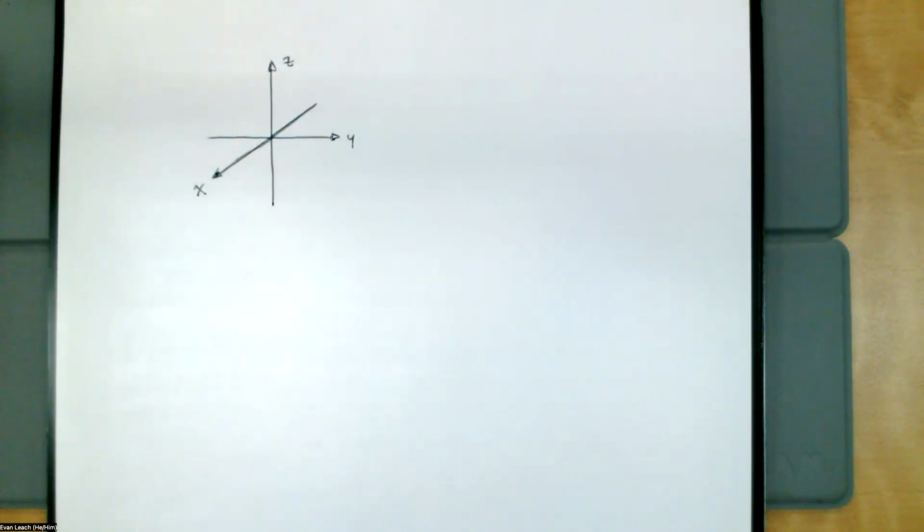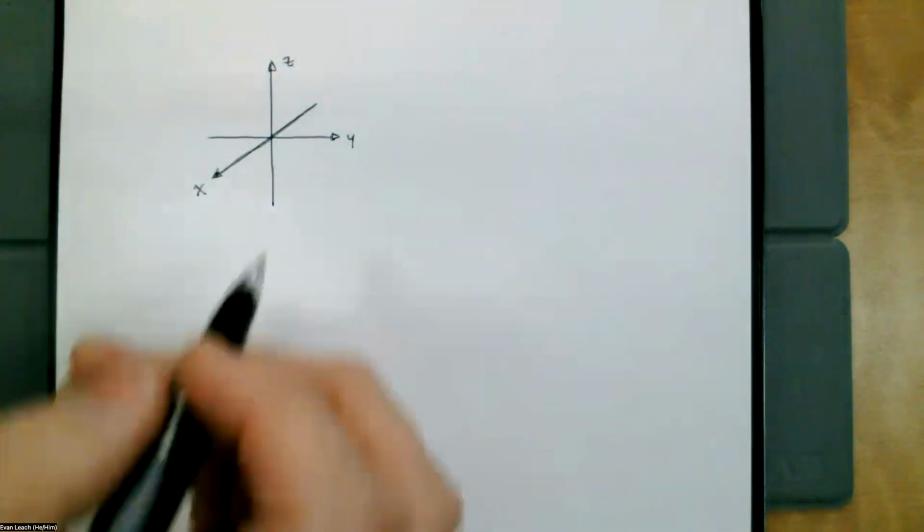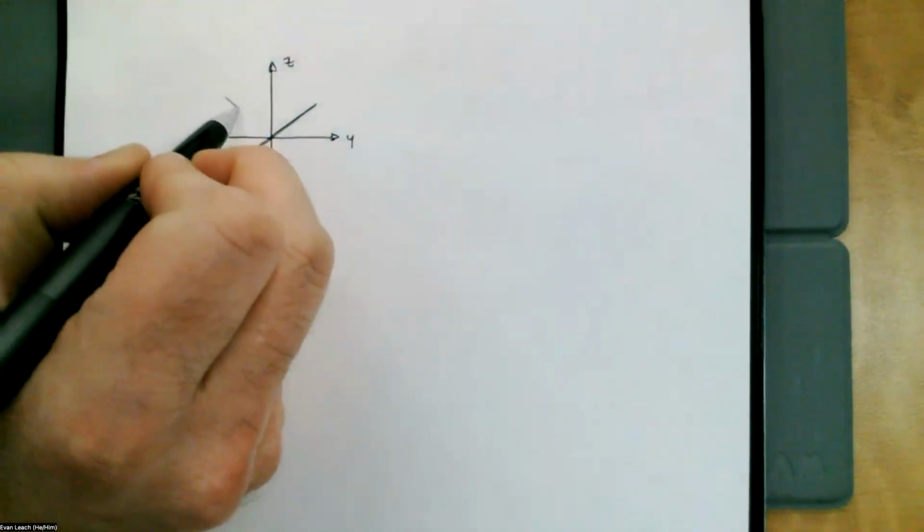So we can imagine this x-axis coming out of the paper. Now, let's draw a fourth. All we need is a fourth axis that's perpendicular to these three. Well, crap. I can draw one in, right? I can draw one in.